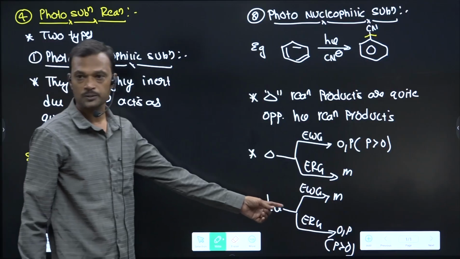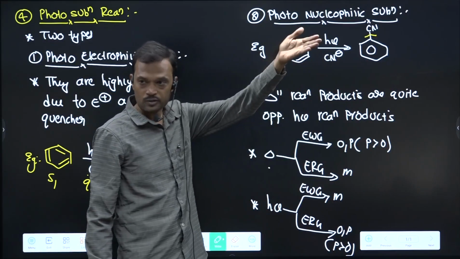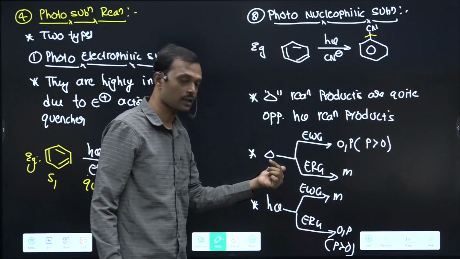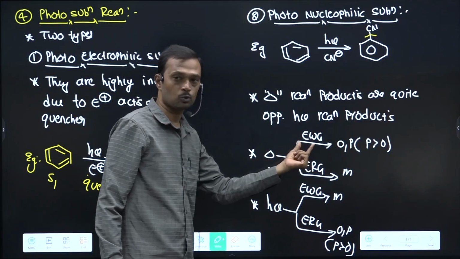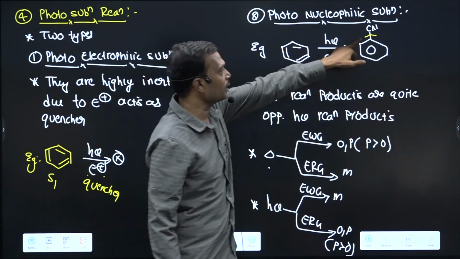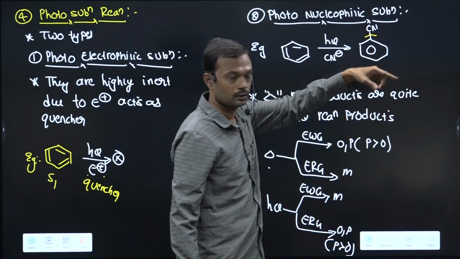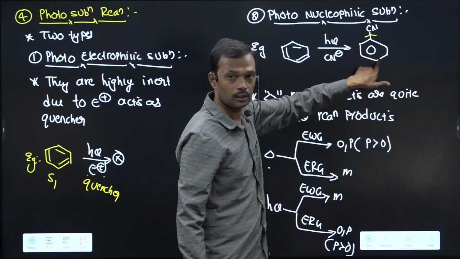You remember these points. It is normal study. Normal study means, in your EAS reactions and in your normal thermal ground state reactions, it will be like this. If benzene carries any electron withdrawing group under normal thermal condition, it can withdraw electrons from ortho and para.